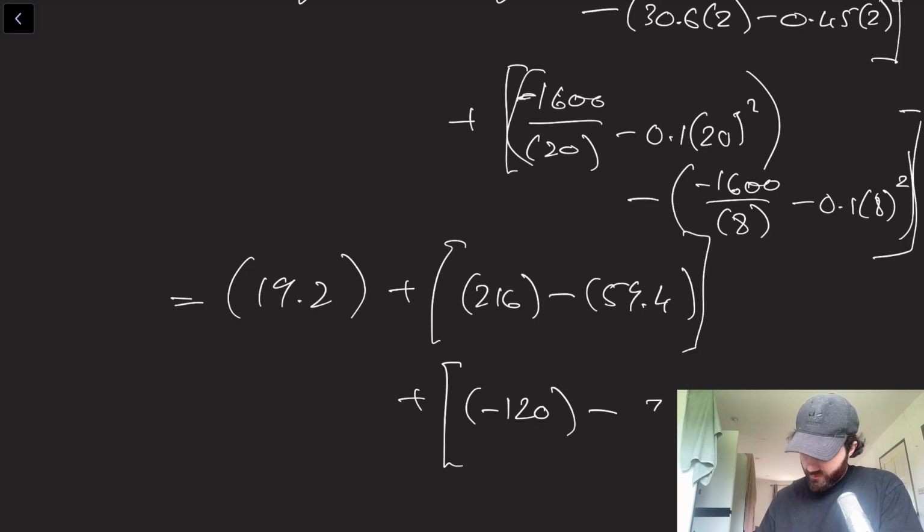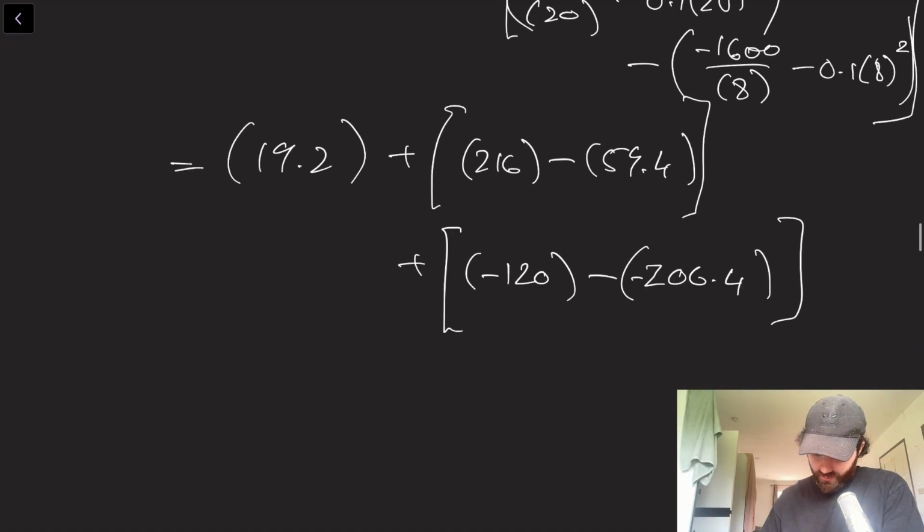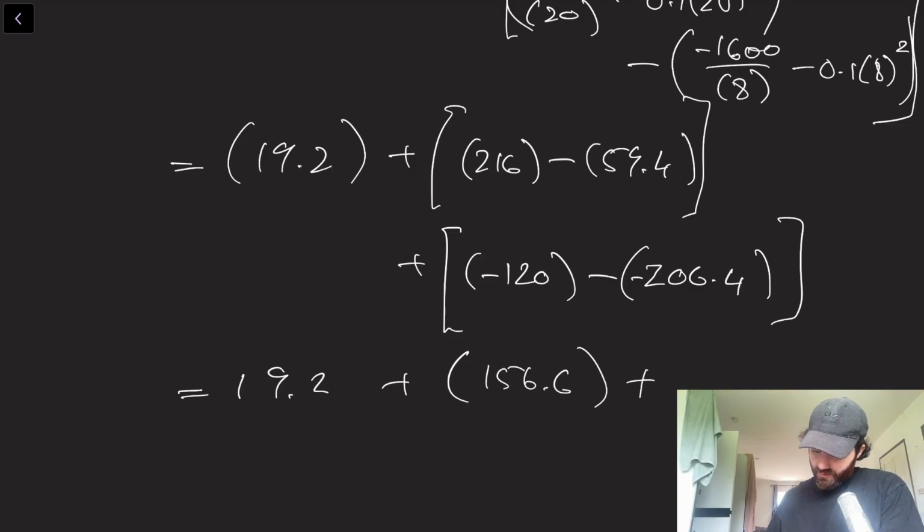Is that 206.4 minus. Just got to be careful with the signs. So we get 19.2 plus 59.4 plus 156.6 plus minus 120 minus plus 206.4 plus 86.4 plus 156.6 plus 19.2.